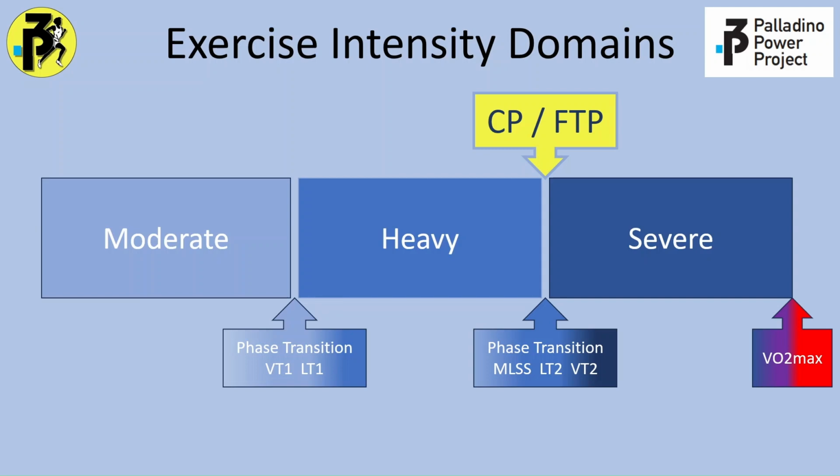But if you were at 102% and you did that for 50 minutes or 45 minutes, i.e., a 10K, you might approach VO2 max at the very end, or an 8K road race. So duration is an important adjunct to the intensity to determine whether you actually reach VO2 max or not.